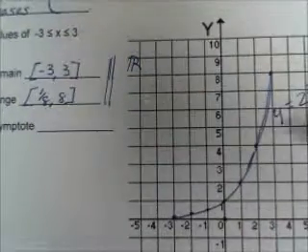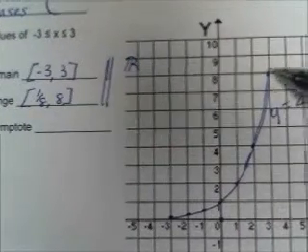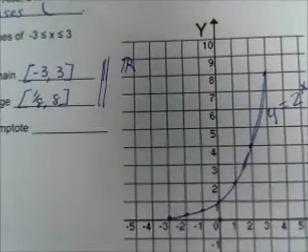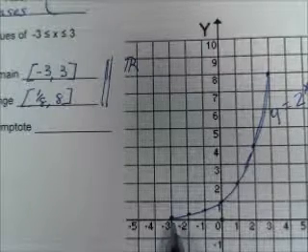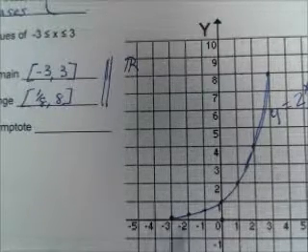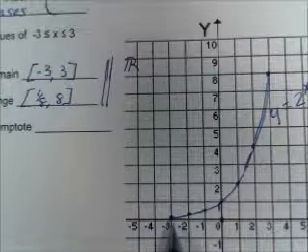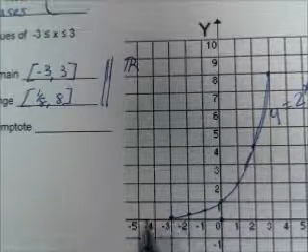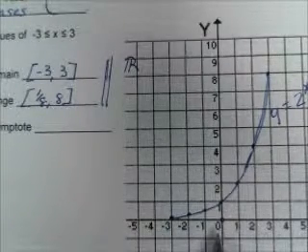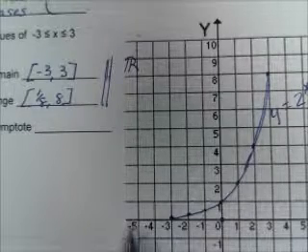But again, if we weren't restricted and we had arrows on the end of our function here, the range or y value would get ever so closely to 0 but not meet it.